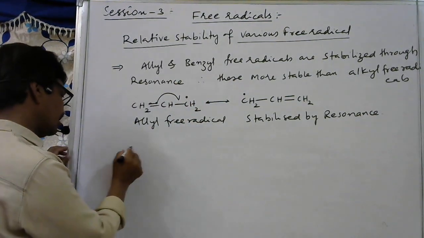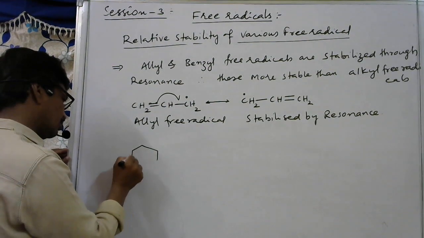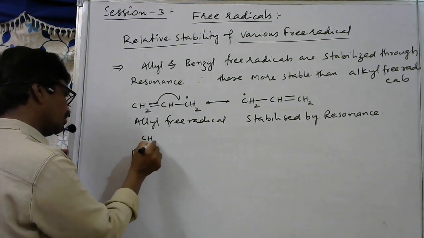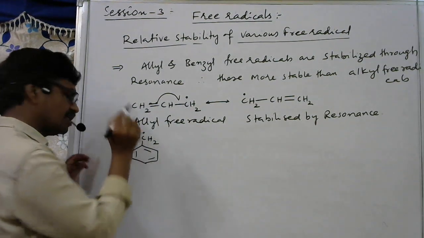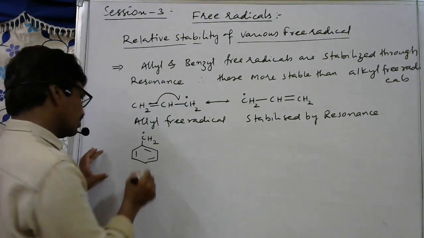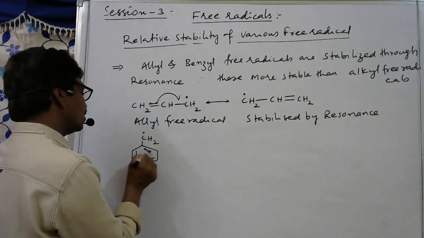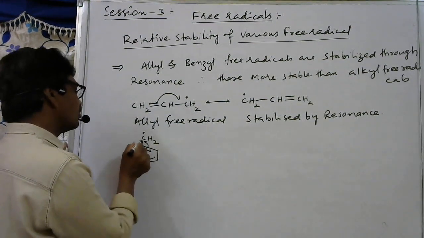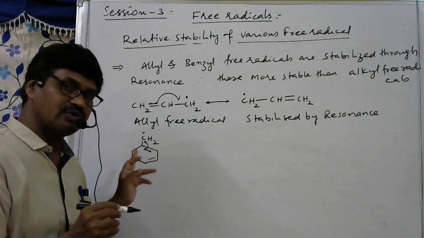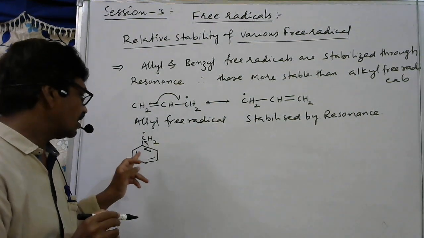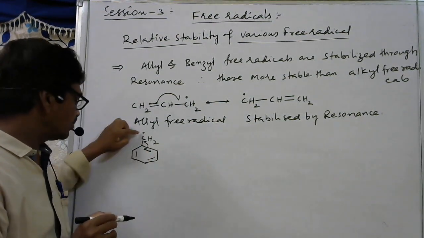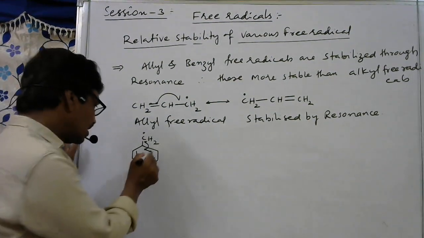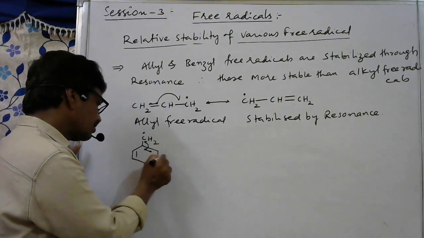Similarly, benzyl. Benzyl means on the benzene ring we have CH2. Otherwise, we can say phenyl methyl free radical. So here also same thing. Two electrons are present. One electron moves here. This arrow mark is with one hook, so one electron is transferred. That electron joins with the already present free radical, and there is a formation of a bond, and this carbon will take this free radical.